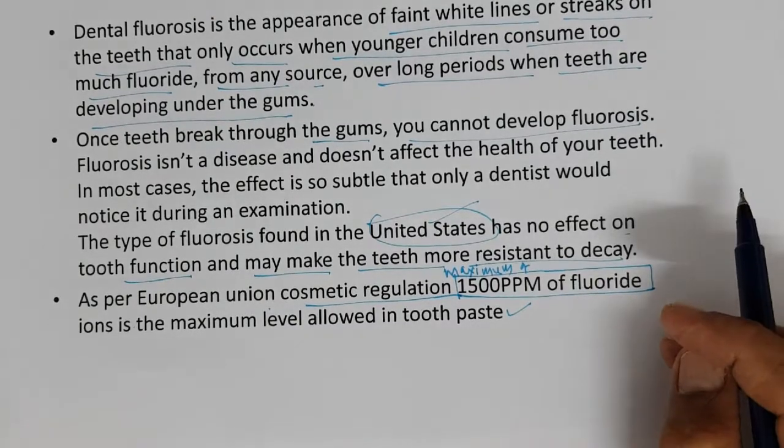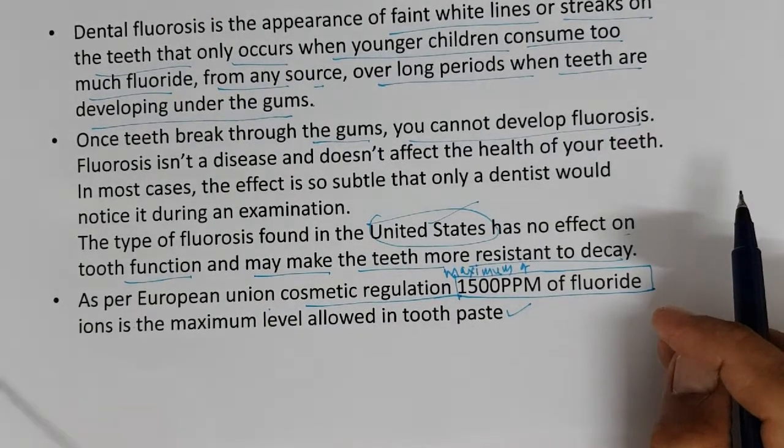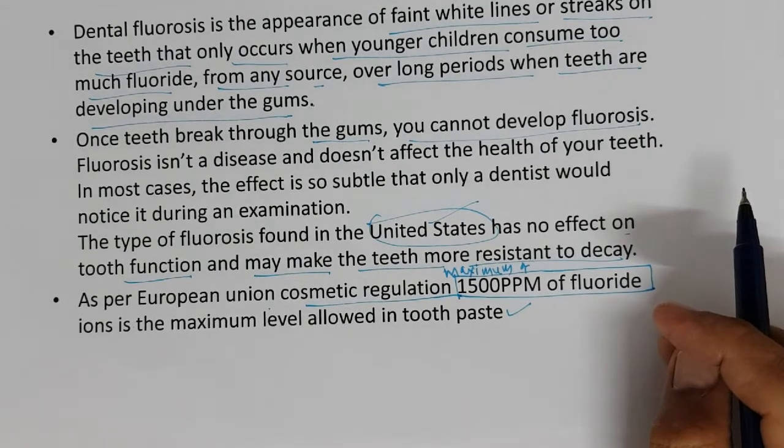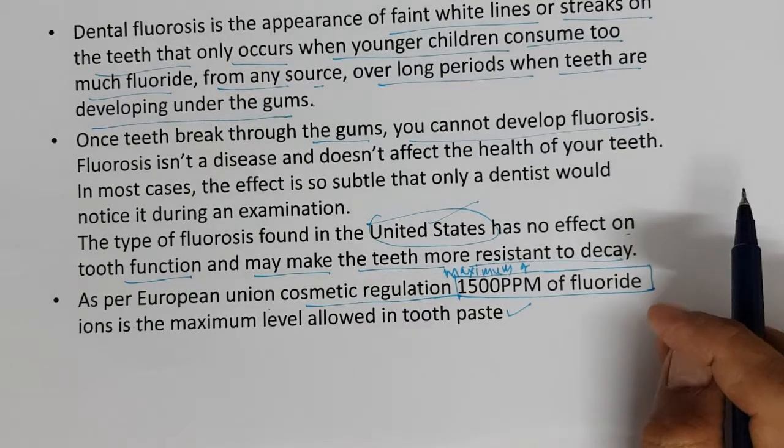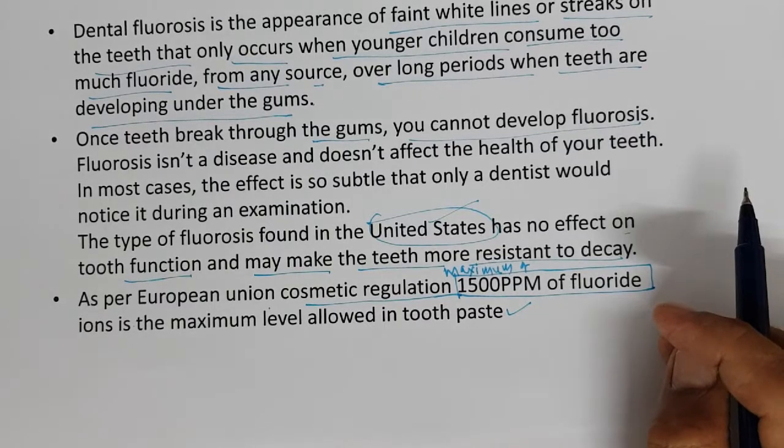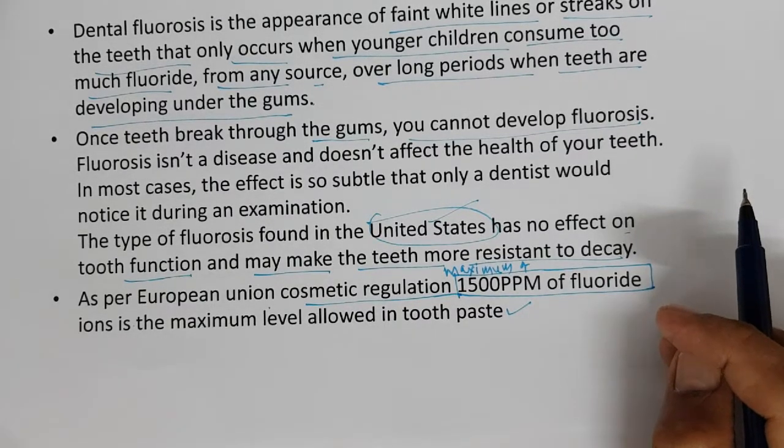Maximum 1500 ppm is allowed as fluoride ion, not potassium fluoride or sodium fluoride. It's fluoride ion, maximum level of 1500 ppm is allowed. Now the next important ingredient used in oral care is zinc salts.